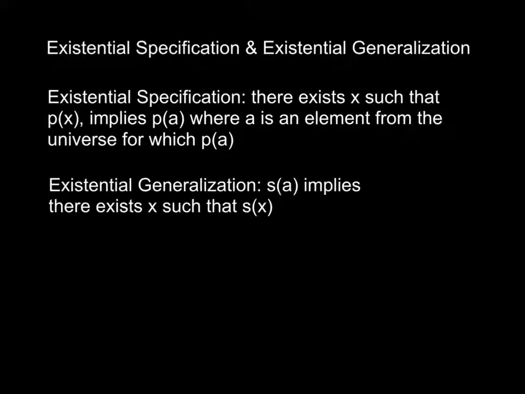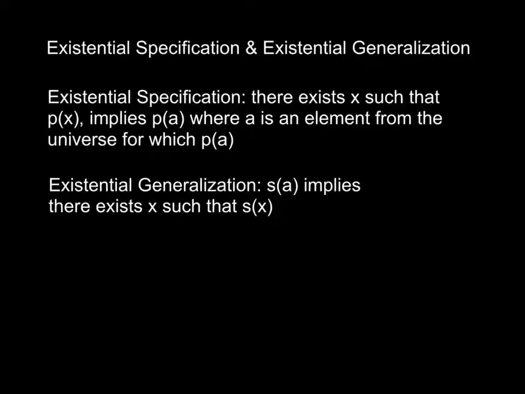There are 2 more rules we should consider, existential specification being the first rule. There exists an x such that p of x implies p of a where a is an element from the universe for which p of a is true. The next rule is existential generalization. S of a implies there exists x such that s of x is true.